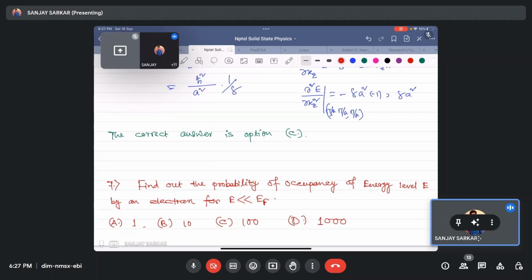So please do this question. Find out the occupancy of energy level E by an electron for energy which is much less than the Fermi energy. Calculate this and let me know.